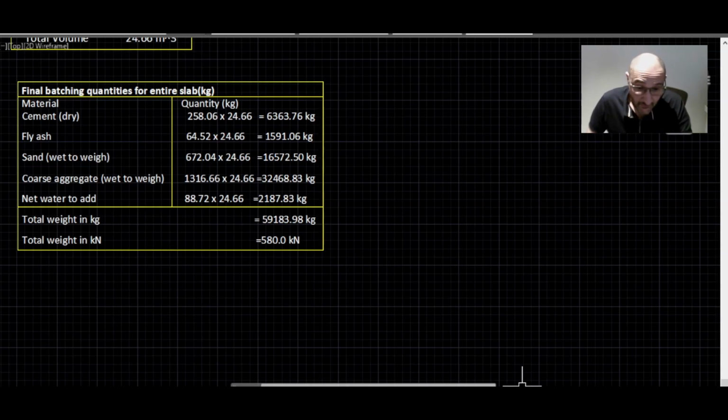So in this example, if we have 20 MPa concrete and the volume of 24.66 meter cube, and let's say a 10% material wastage, you're looking at 27.1 cubic meters. And if we assume, say, $350 per meter cube of concrete, I'll just type it out.